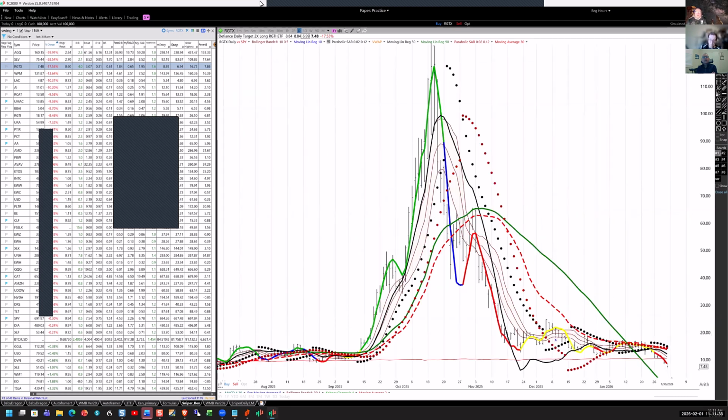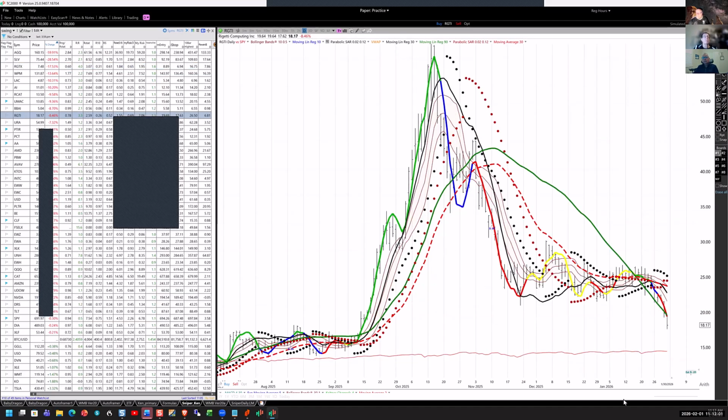So this is why I'm interested in Rigetti long term. It went from 10 to 150, back down to 10 or 7. That's in the double. Rigetti, the actual, went from 15 to 60, back down here.